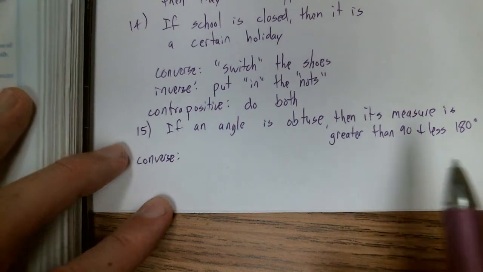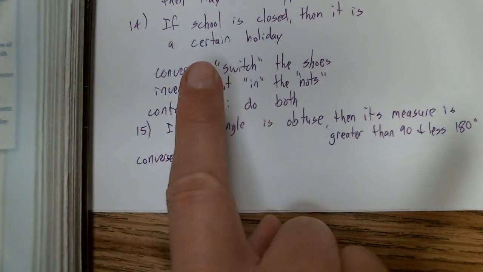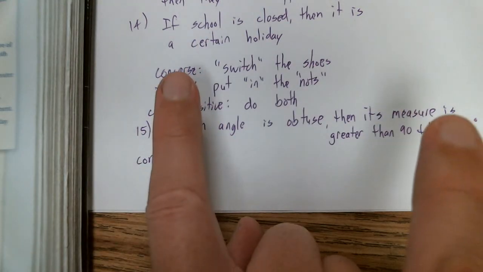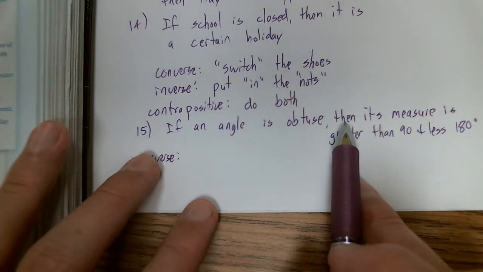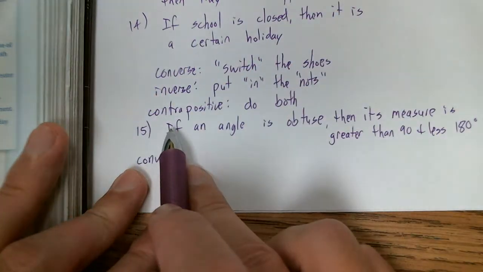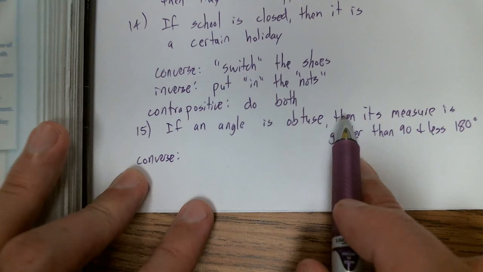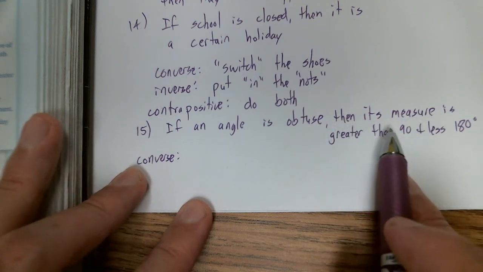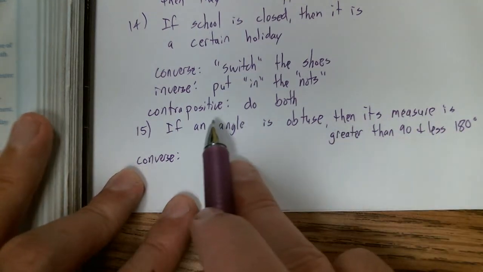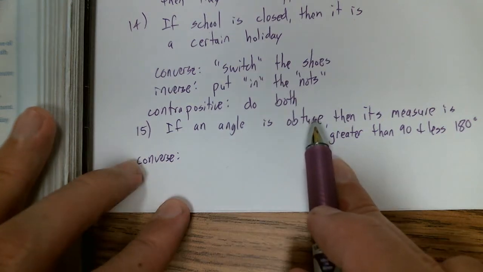Switch the shoes. So I'm going to switch these two statements. Okay, so the conclusion comes first and the hypothesis comes second. So basically I'm going to switch out the if and the then. I'm just going to reverse these guys. I'm going to say if its measure is greater than 90 and less than 180, then the angle is obtuse.